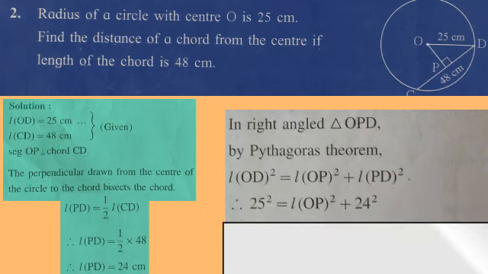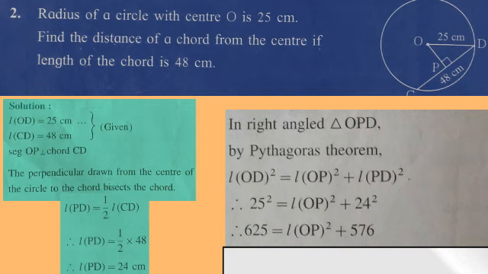As we know, the hypotenuse is 25 centimeters, so 25 squared is equal to length of OP squared, which we don't know, plus 24 squared. The square of 25 is 625, equal to length of OP squared plus the square of 24, that is 576. Let's do the calculation and send the 576 to the opposite side by subtracting it from 625.